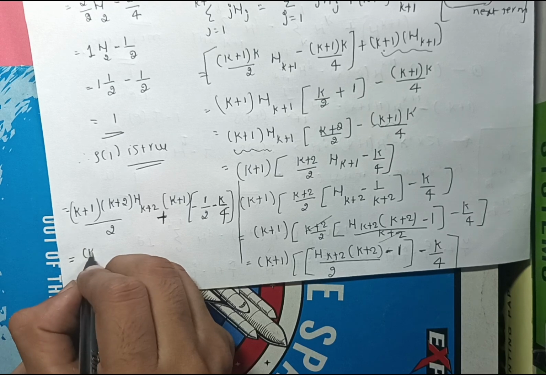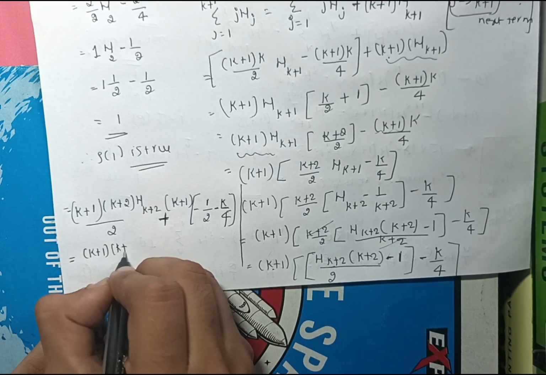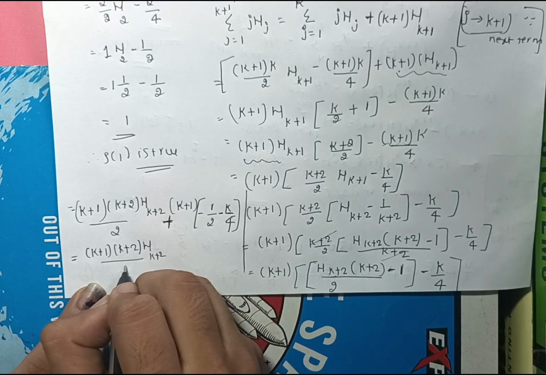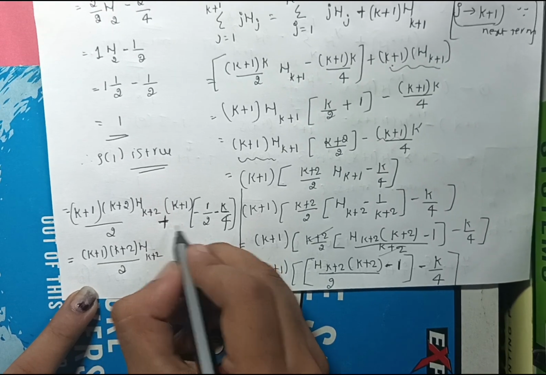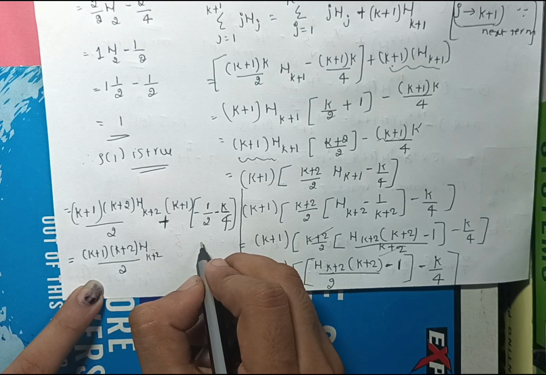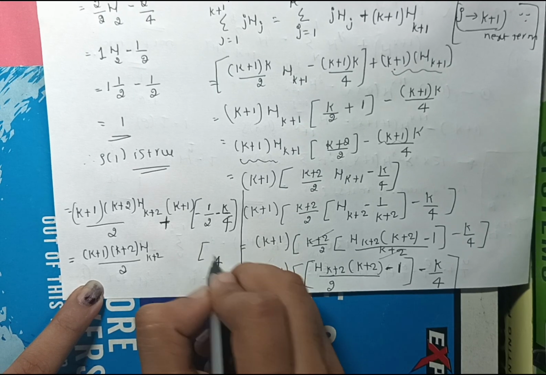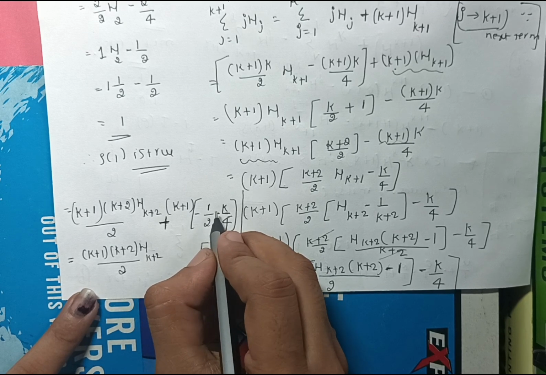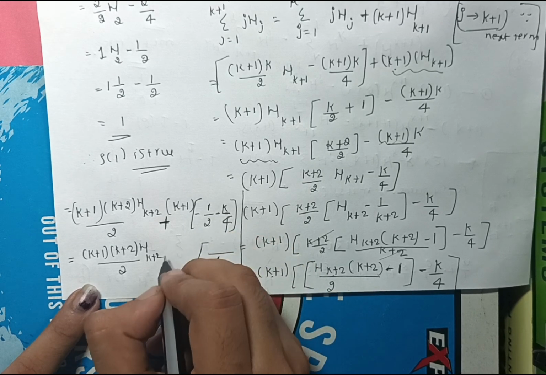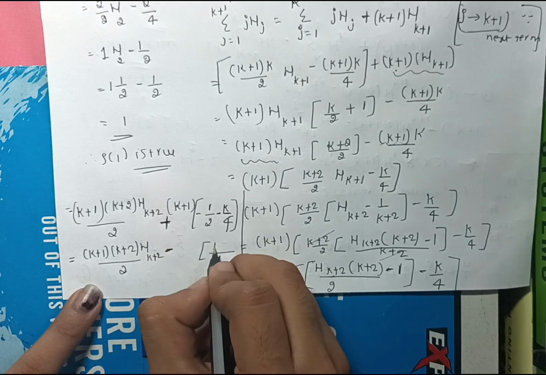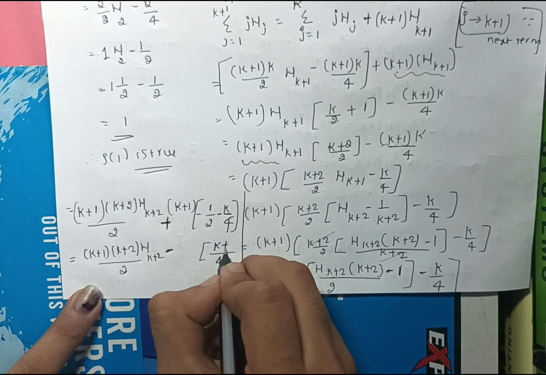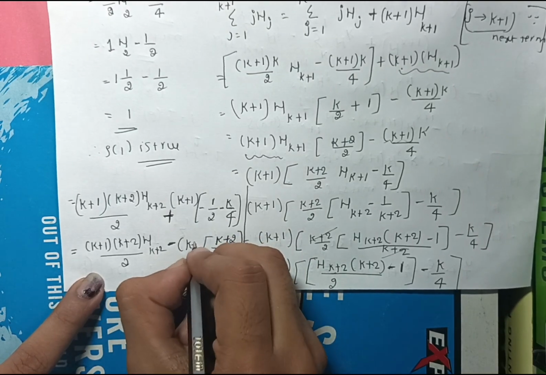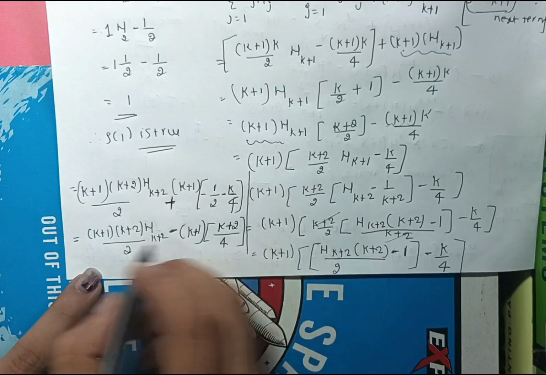Now k plus 1, k plus 2, h of k plus 2 divide by 2, solve this, becomes 4 and this is minus 2 minus k, take the minus out and this becomes k plus 2, got it, k plus 1.